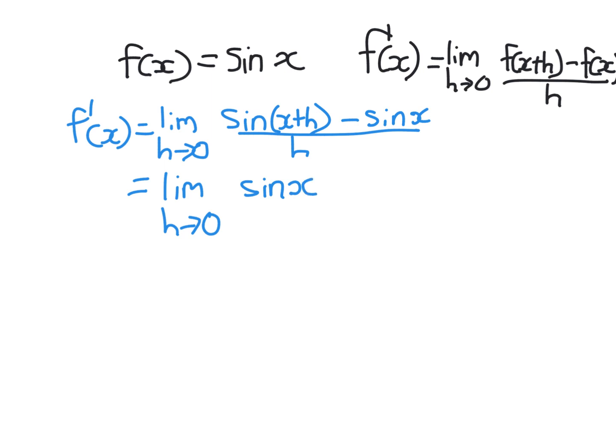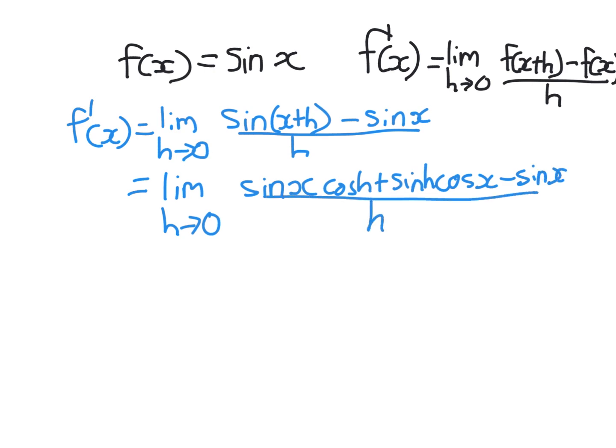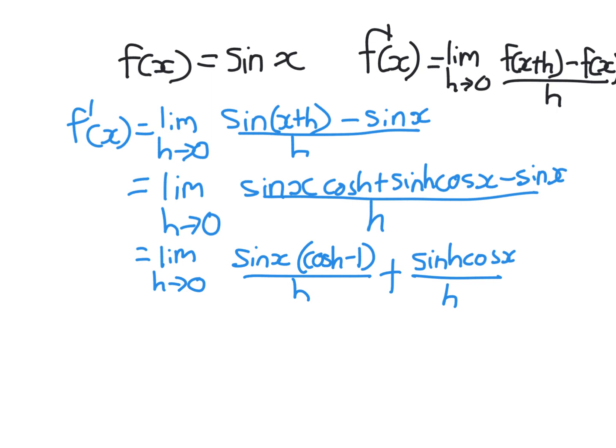So it's sine of the first cos of the second plus sine of the second cos of the first. And I still have my original f(x) there, divided by h, taking the limit as h approaches 0.